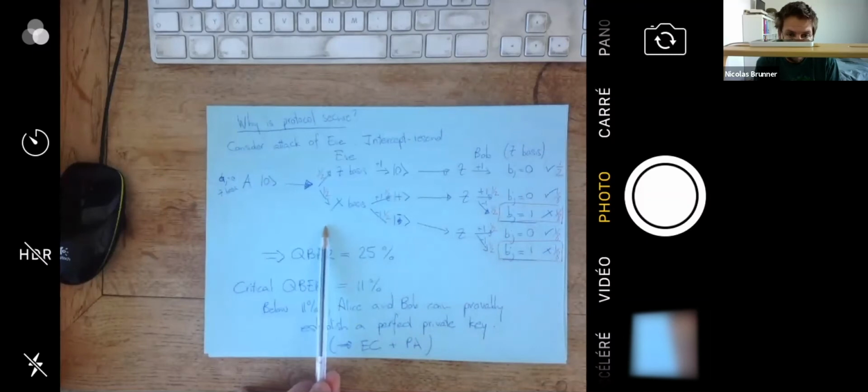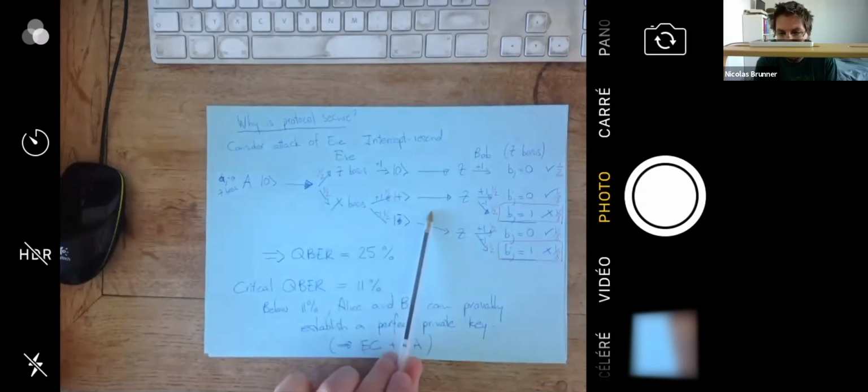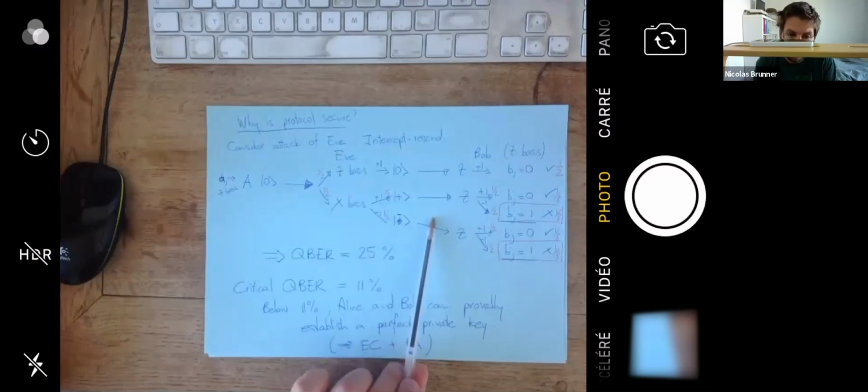And as you can guess, maybe this attack, which is natural but also very simple, is not the best one. So there exists an attack which is much, much stronger and which would give full knowledge of the key to Eve if the Q-bar is about 11%.